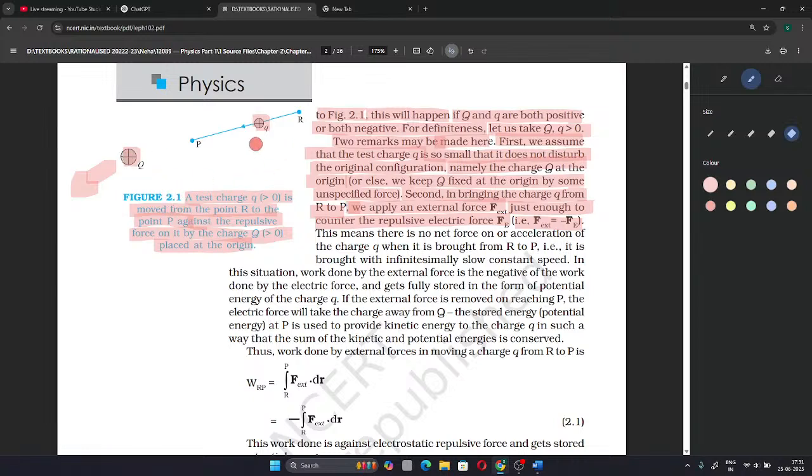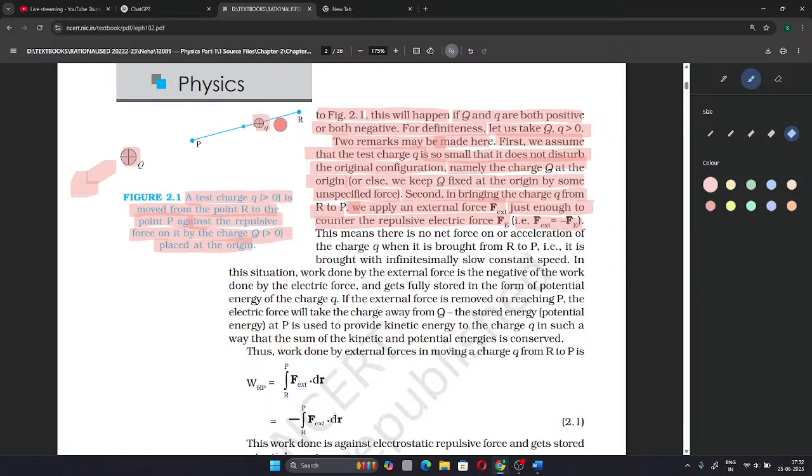It may be due to this test charge being so small and so minute compared to this main capital Q charge, that it may not be able to move this charge, or this Q charge is fixed by some external force which is unspecified.